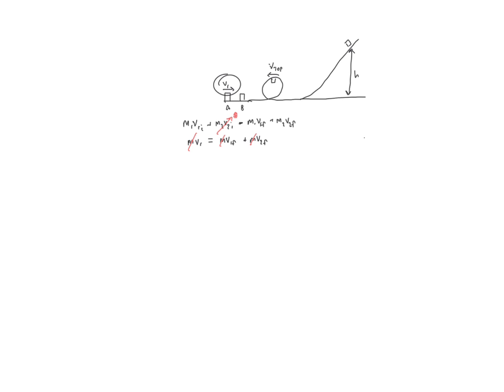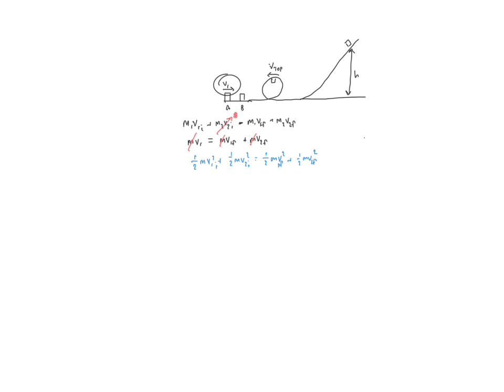We're going to set up conservation of kinetic energy for the elastic collision. That is going to be 1/2 m v1 squared plus 1/2 m v2 squared, those are initial velocities, so v1 initial and v2 initial, equal to 1/2 m v1 final squared plus 1/2 m v2 final squared.